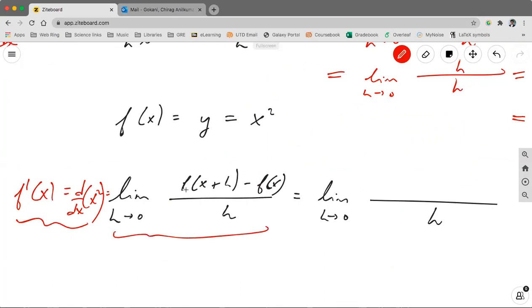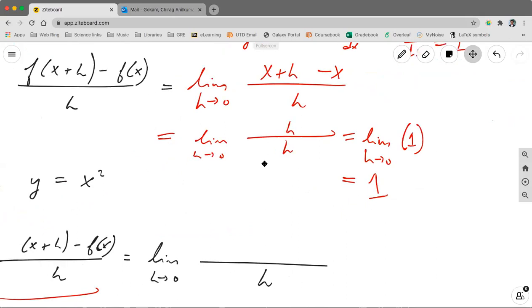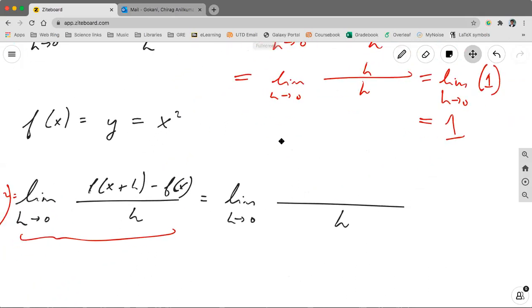And now can someone tell me what f of x plus h is in this case? X plus h squared. Yeah, so I need to put x plus h into my argument. And what happens if I put x plus h in here for x? I have x plus h whole squared.